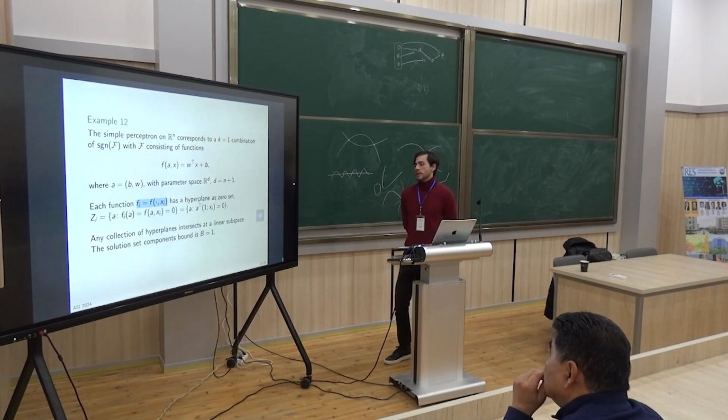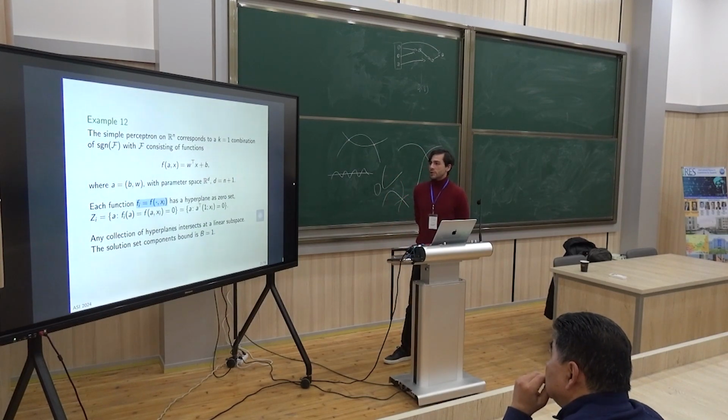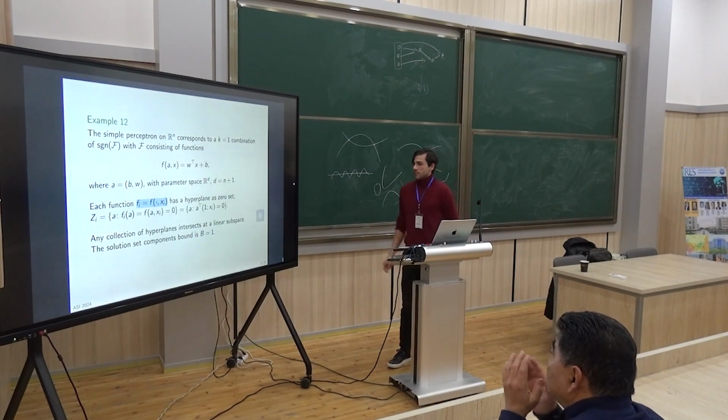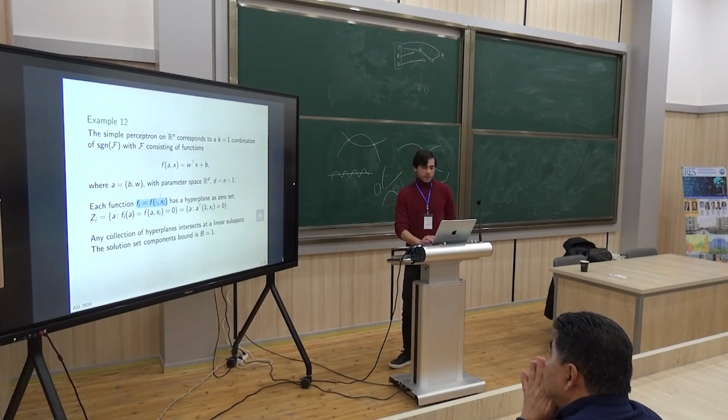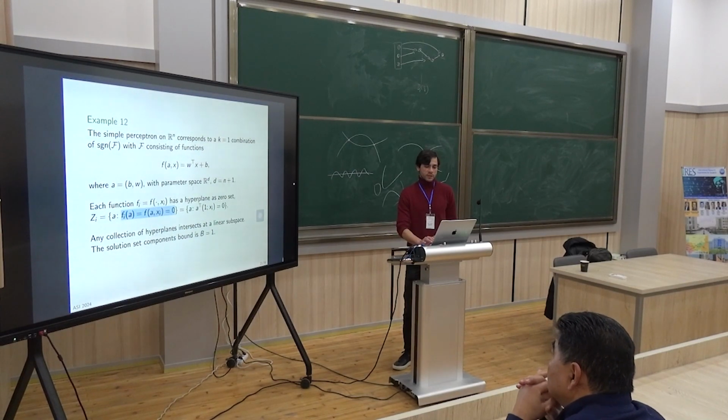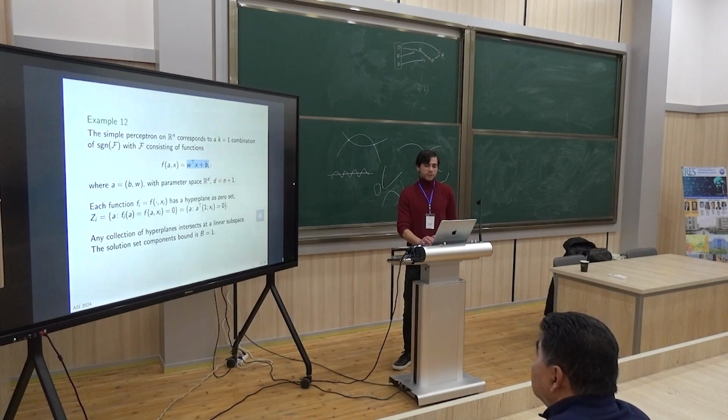So we fix, say, a data point x_i, and we still have now as an argument the parameters of the simple perceptron. And in that case, the zero set would be just the parameters, so that this f_i is equal to 0. That's just when does this evaluate to 0 for a particular choice of x, x_i.